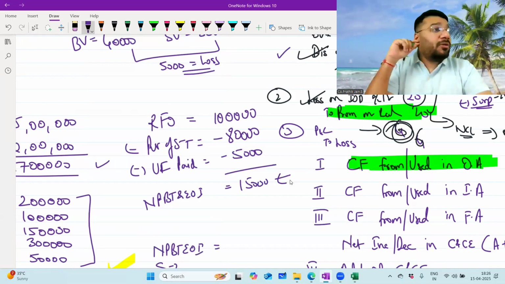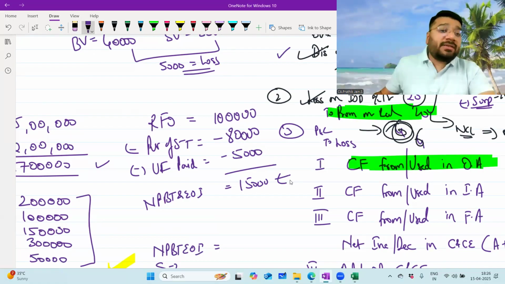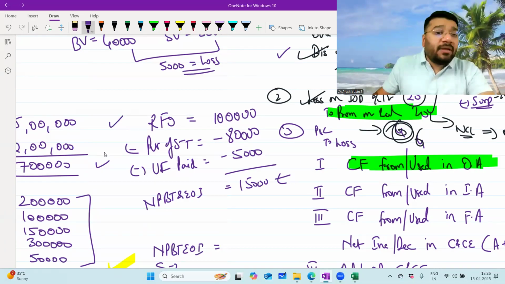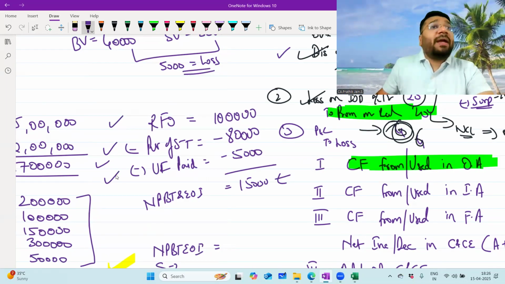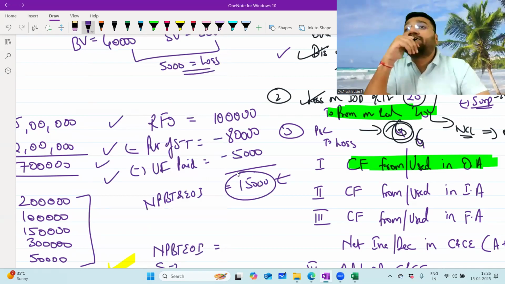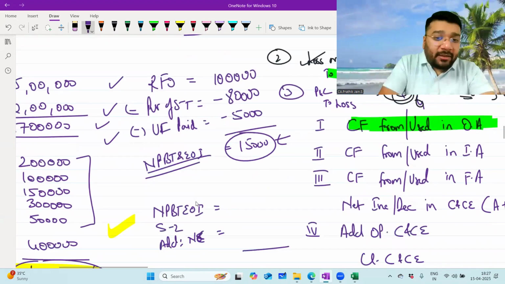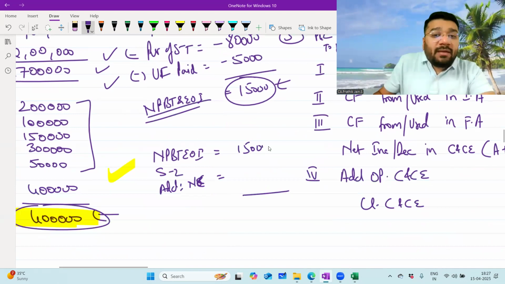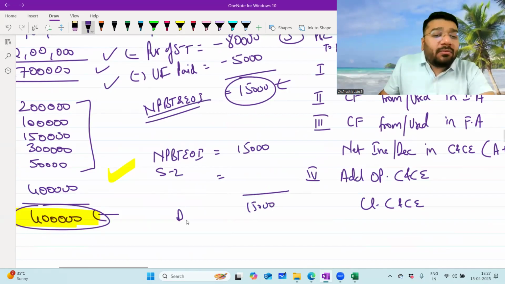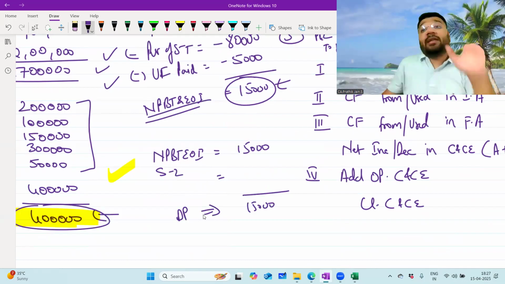How many of you say no? My question is: revenue from operations, cash sale 1 lakh, cash purchase 80,000, cash paid to the underwriter 5,000. Is 15,000 rupees cash profit or not? I am taking this as net profit before tax and extraordinary items, the starting point. Segment 2, 3, 4, 5, nothing adjusted. I am telling you this 15,000 rupees is my operating profit, which is cash profit. Will you agree with me?